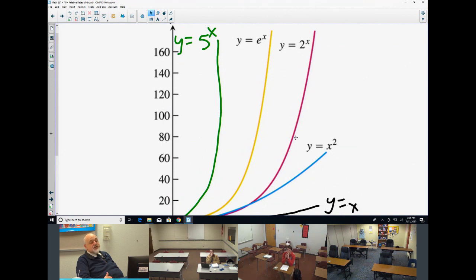So you can see that the steepness is important. Now, having said that, you can't just look at a graph. This may sound counterintuitive, but you can't just look at a graph to say which function goes faster, because they might grow at the same rate. It's just one has a higher y-intercept than the other.